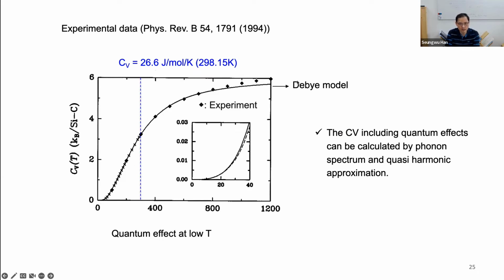And it is very well fitted by the Debye model. We can do this, but in order to obtain such a heat capacity within quantum mechanics, rather than MD simulation, we have to calculate the phonon spectrum and apply the quasi-harmonic approximation. So in that way, we can obtain such experimental data very precisely.